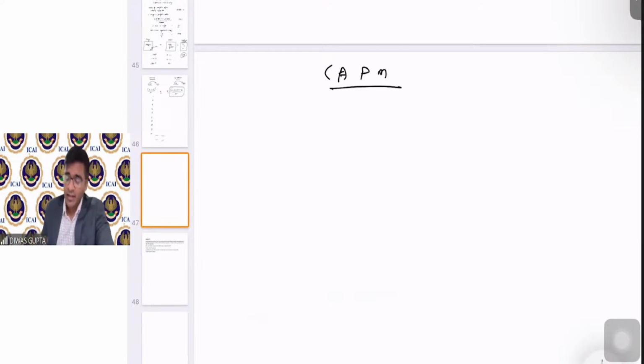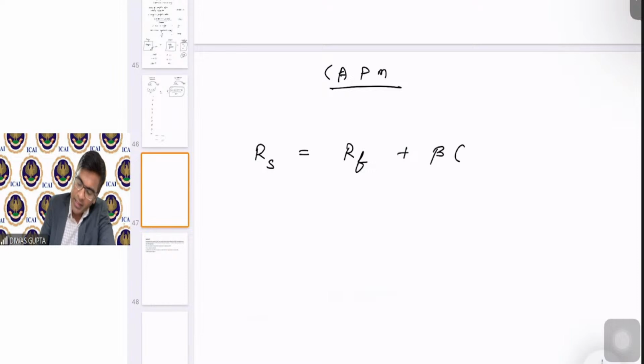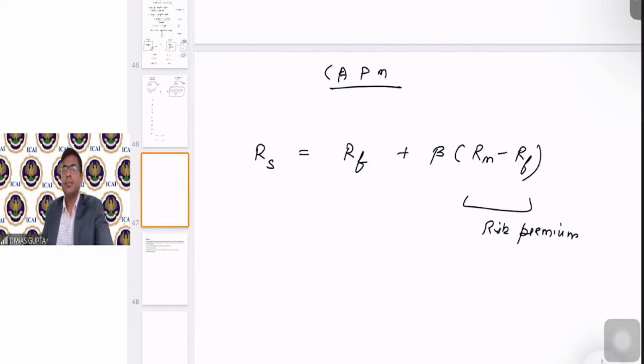We say that return on a security is equal to the risk-free rate of return plus beta times (market return minus risk-free rate of return). This is also called the risk premium. Correct? This is called CAPM.